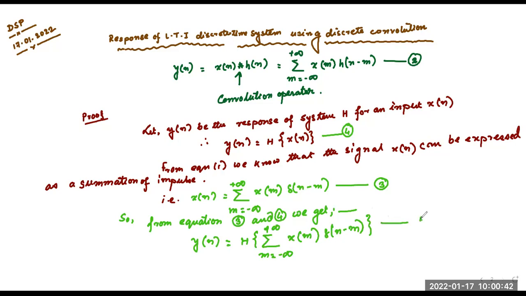This is equation number 5. So the system H is a function of n and not a function of m.